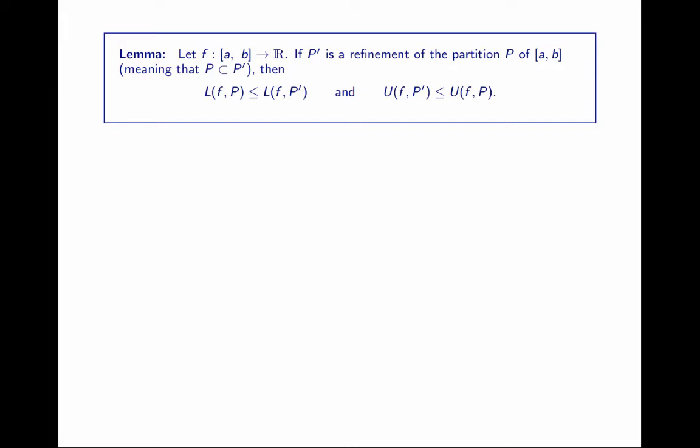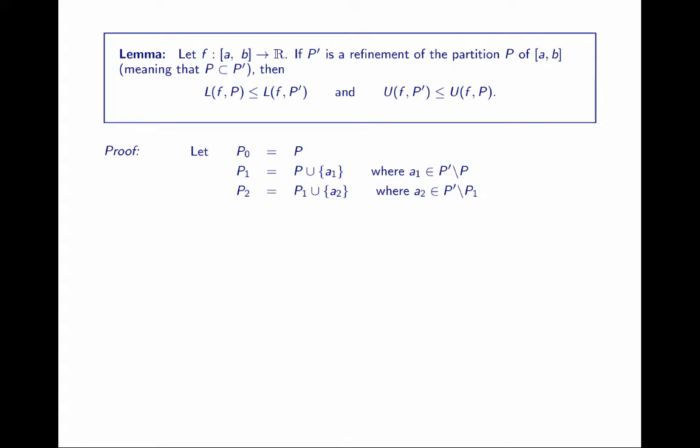Now, let's prove it in general. So let's number our partitions. We have some original partition P, we call it P0. Let's add a single point to P and call it P1. Let's add a single point to P1. Let's call it P2. And of course, the point we're adding is not in P1, right?